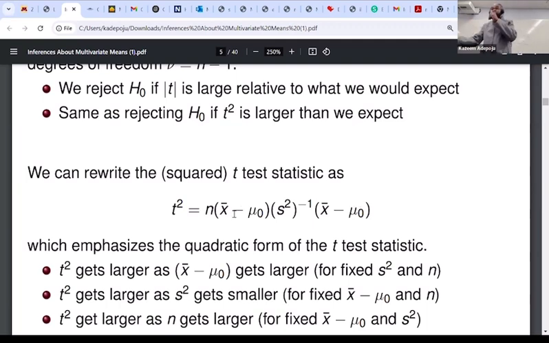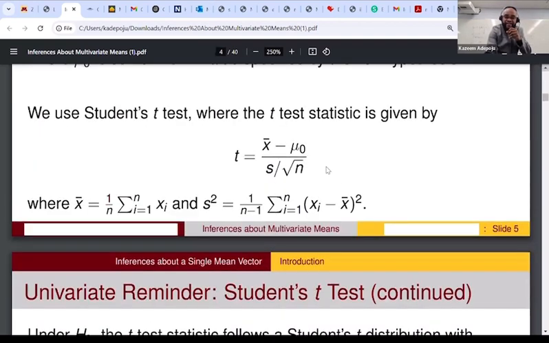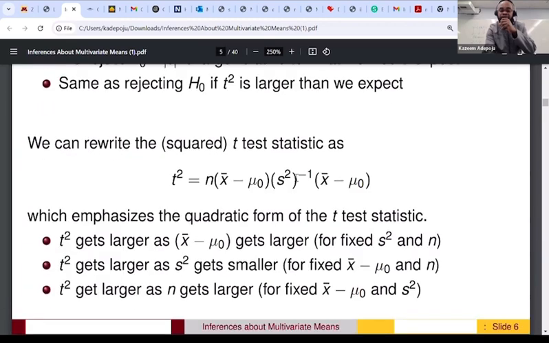When I have x bar minus mu naught times another x bar minus mu naught, it's like having x bar minus mu naught squared. Initially I had s here, and when it is squared, it's going to be s squared. It was occupying the denominator position, and I want to collapse the denominator. I don't want a fraction anymore, so I'm bringing this guy up. When I bring s squared up, I'm going to get this.